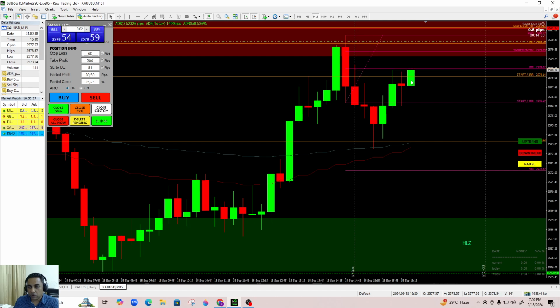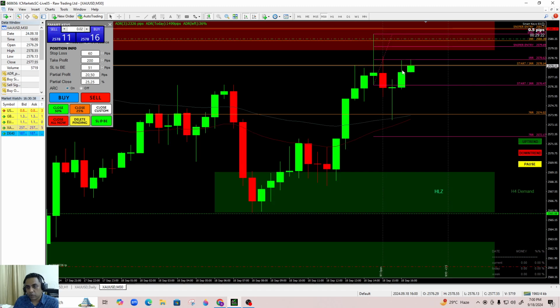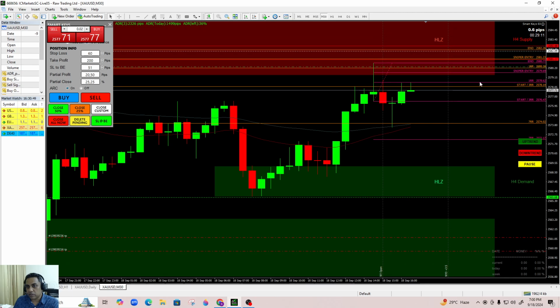Okay, we've broken the M30 high here. Now the H1 high is right there. Then as soon as we break that, we're back in this red area.